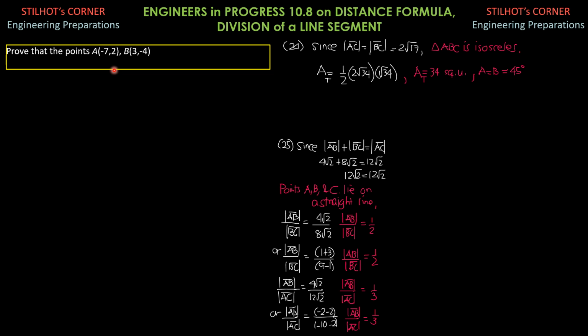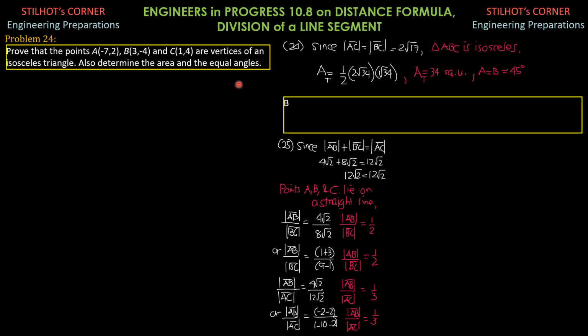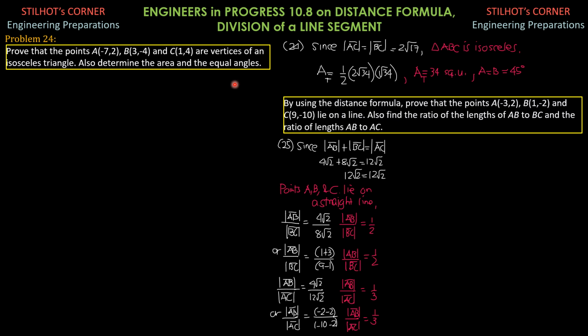Prove that the points A (-7, 2), B (3, -4), and C (1, 4) are vertices of an isosceles triangle. Also determine the area and the equal angles. So let's sketch the graph of the problem.